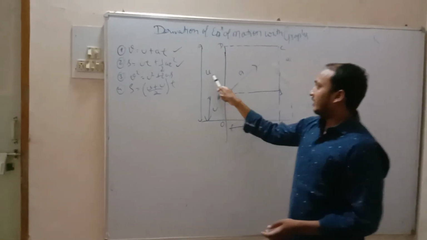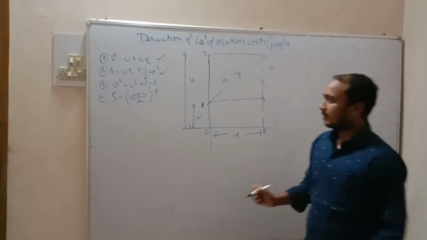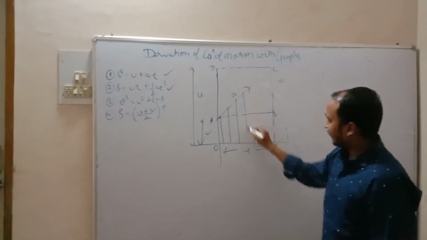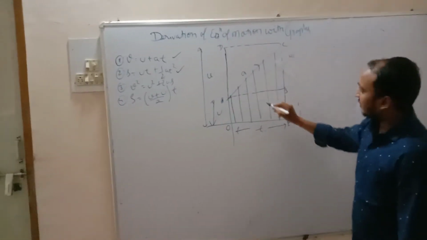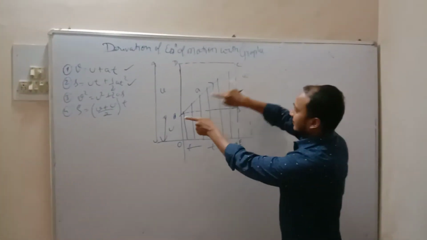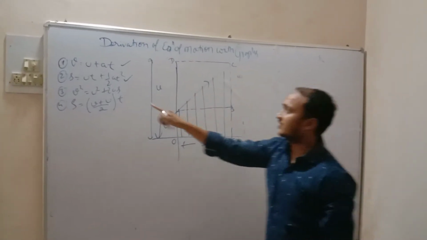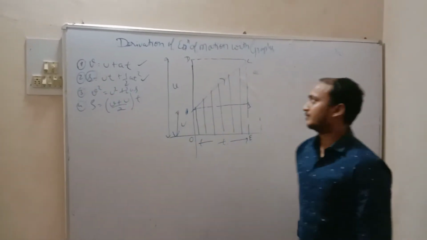Friends, in V T graph, the area under this line gives displacement.